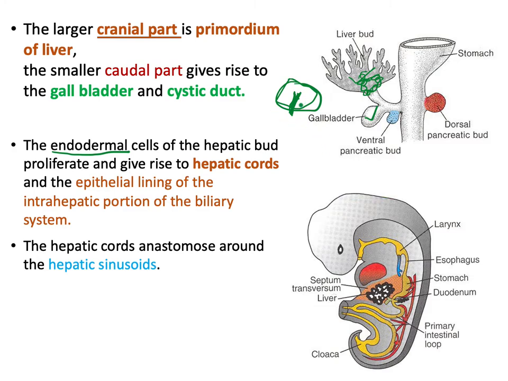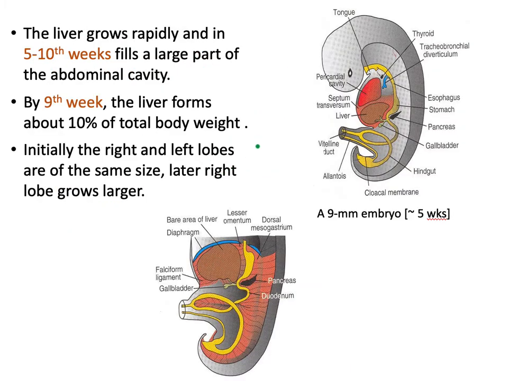And you know that the hepatic cords anastomose around the hepatic sinuses or sinusoids. Of course, this is histology, and I don't like to focus too much on that.